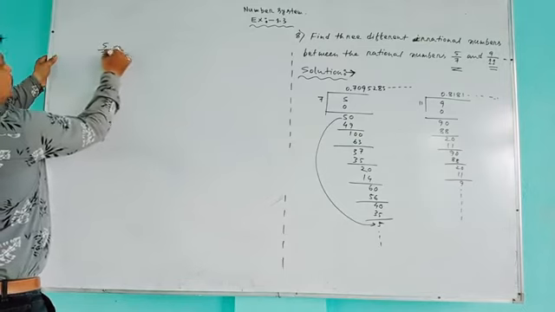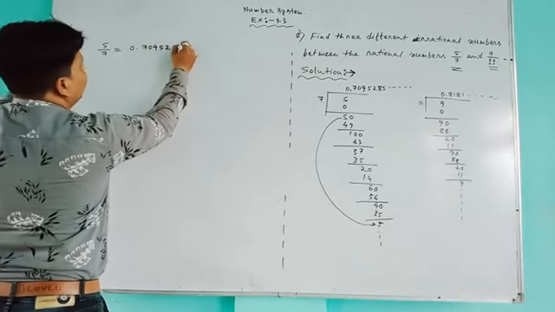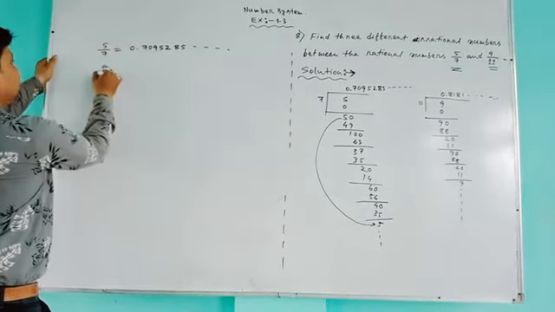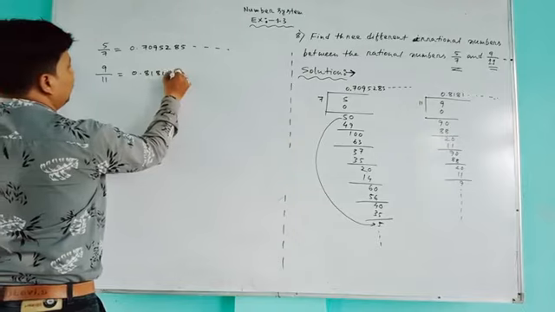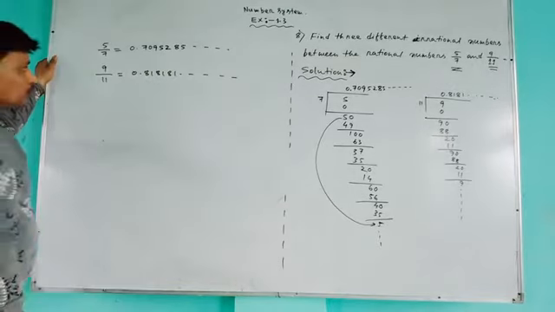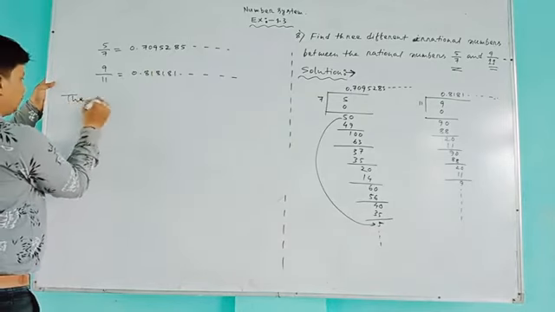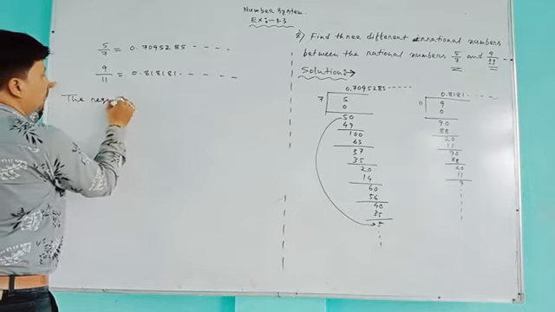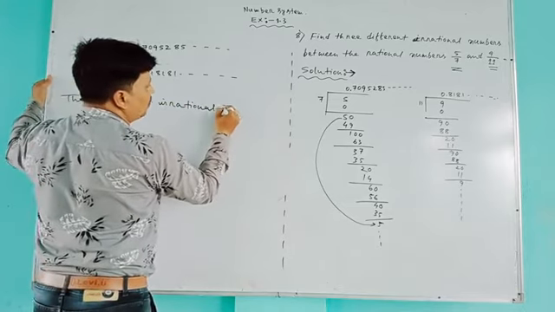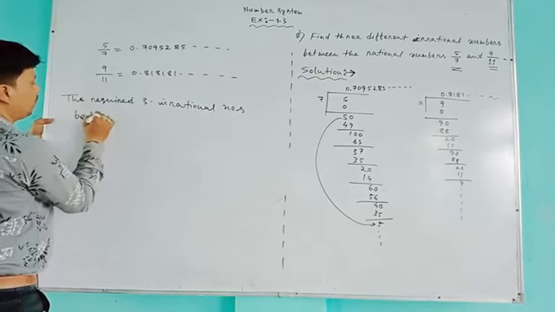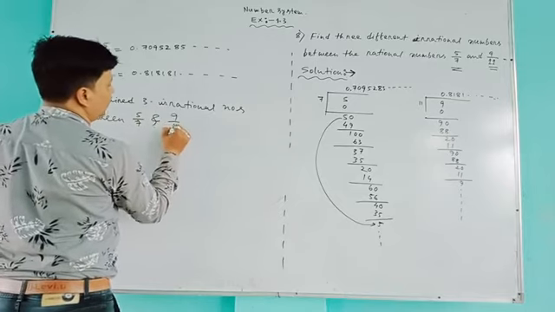So 5 by 7 equals 0.7095285 and so on. Then 9 by 11 equals 0.81 and so on. Now we have to write the required three irrational numbers between 5/7 and 9/11.